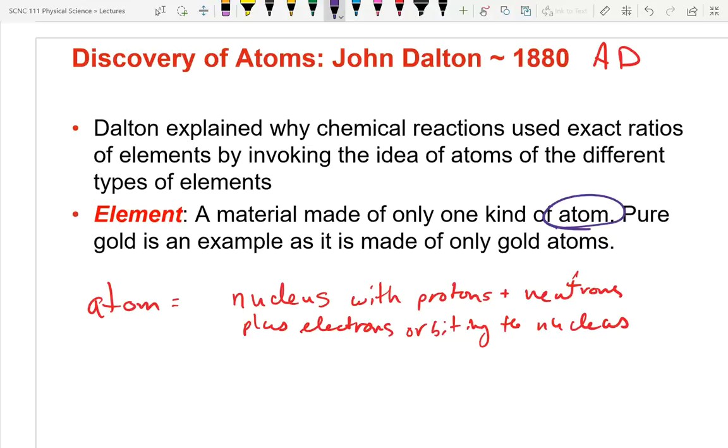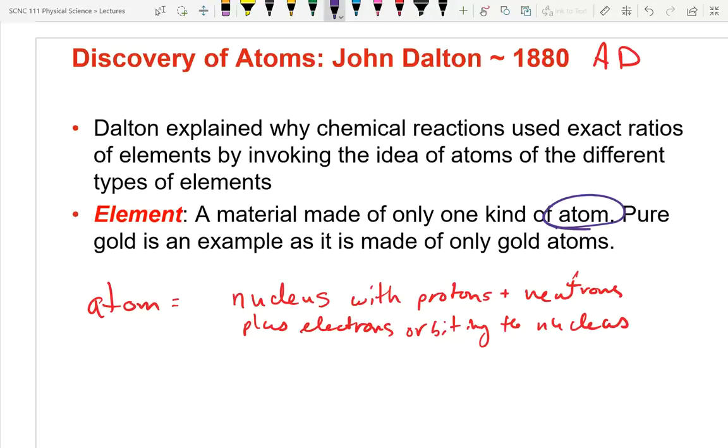That 45 tells you how many protons are in the nucleus. An element is defined by the number of protons in the nucleus. So any atom that has 45 protons in the nucleus is always rhodium. Doesn't matter how many neutrons are in the nucleus. Doesn't matter how many electrons are orbiting the nucleus. If it has 45 protons, it's rhodium.